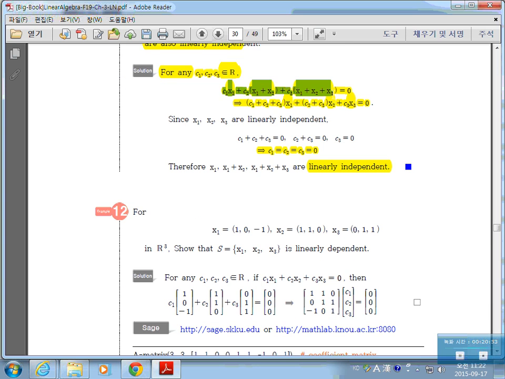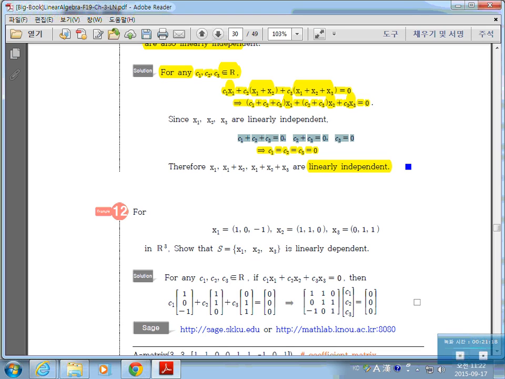If the linear combination of those three vectors is equal to 0, then this implies this. In order to solve this equation, what does this mean? Since x1, x2, x3 are linearly independent, we can say all three coefficients are 0.